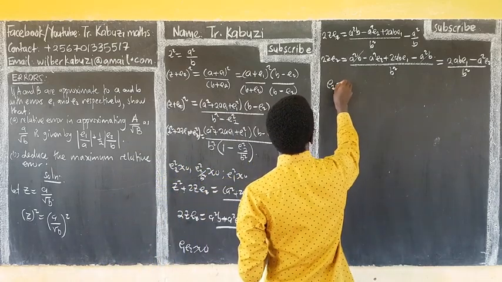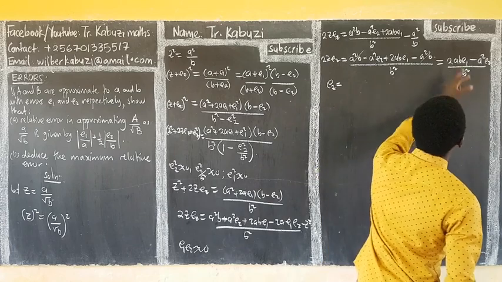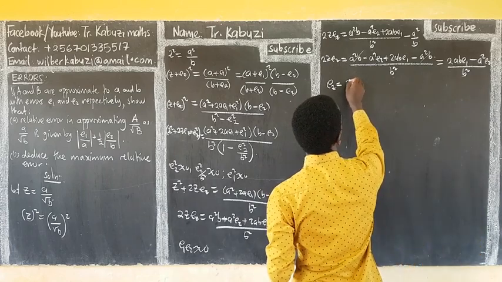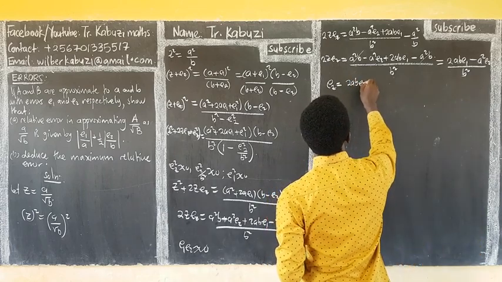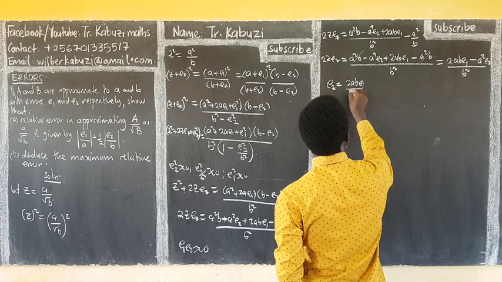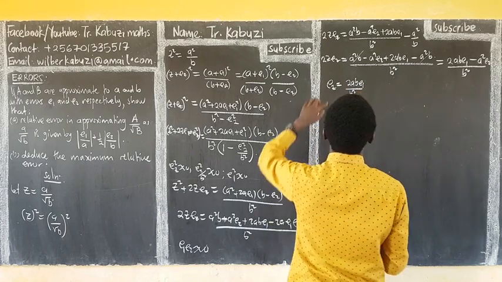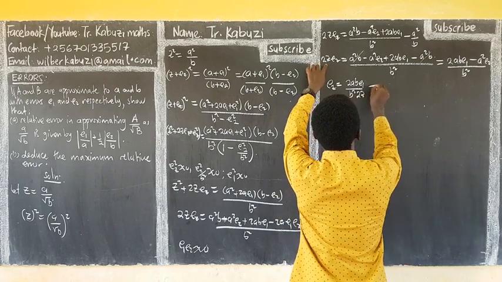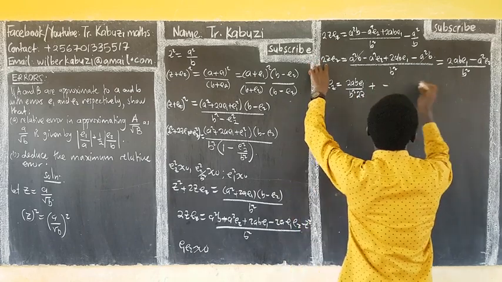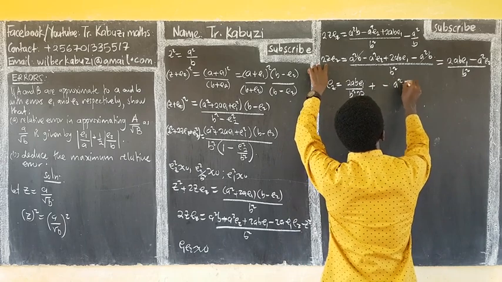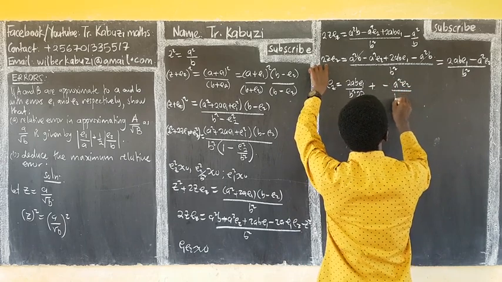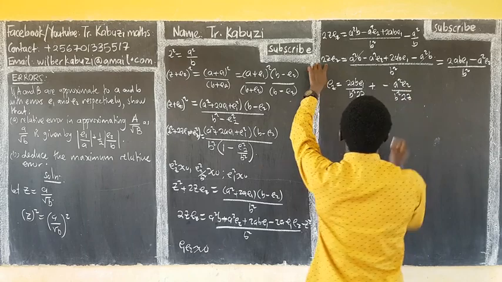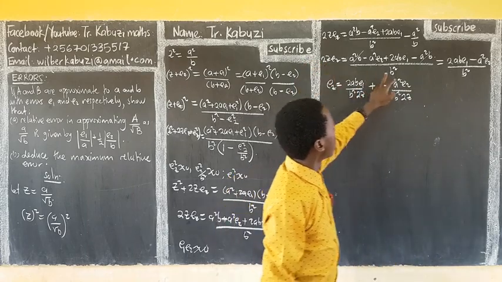Our error in z is going to be, when you get this, 2ab e1 divided by b squared. But remember, we are dividing also by this 2z, then plus a minus a squared e2 over b squared 2z. After dividing by 2z this side, also 2z.